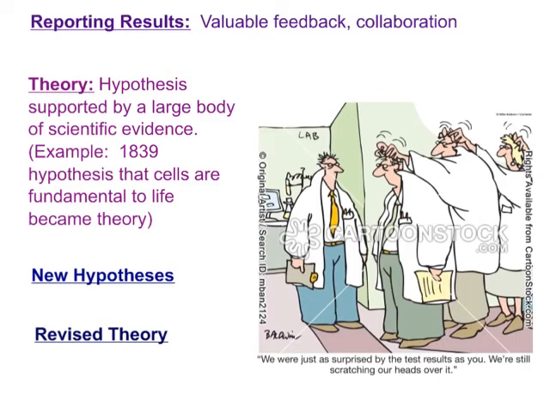Sometimes, as you look at the results, as you collaborate, as you report these results, there are new hypotheses that are formed and revised theories and more research that can go on and more tests that can be done, more observations to be made. So it's kind of a cyclical process that continues on as we get more and more data and collect more and more information.